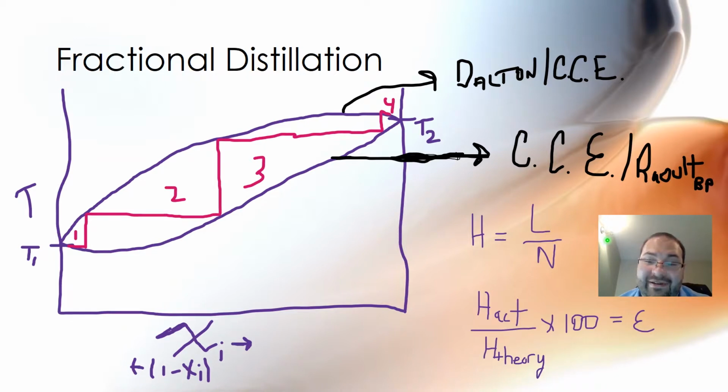Alright, so now is the big moment. We come to what is a theoretical plate. So, the reason they're called a theoretical plate is they're not something that you generally can reach out and touch. It's more of a mathematical concept.